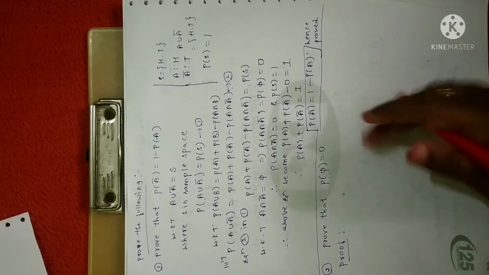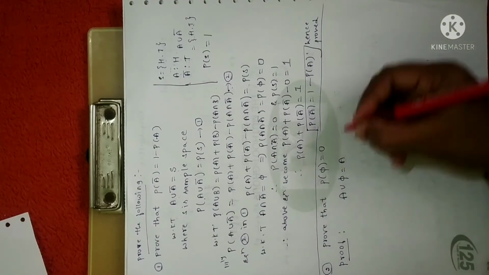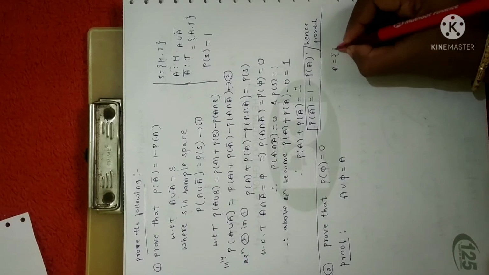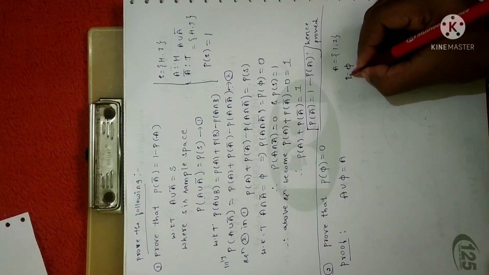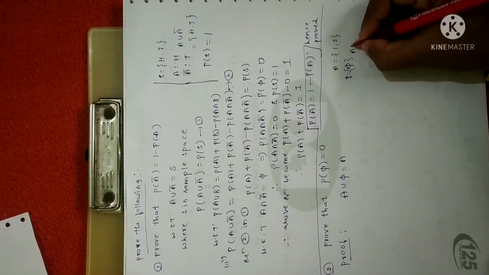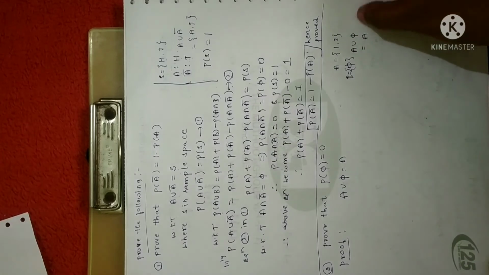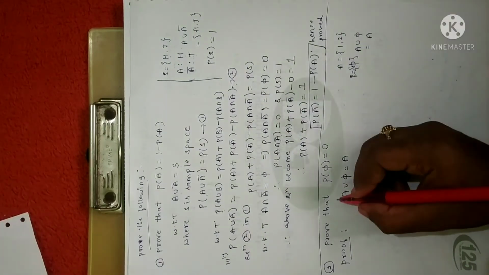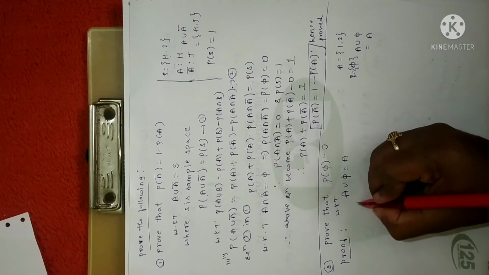We already know that if you combine any set with a null set, you will get the same set. For example, if I consider a set A with elements 1, 2 and B as the null set, then A union null set gives A only, elements 1, 2. So we know that A union null set is equal to A. Let me take probability on both sides.